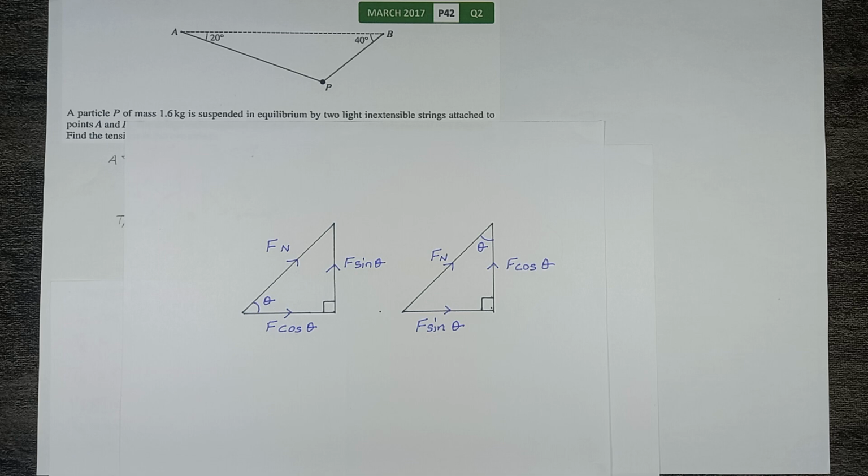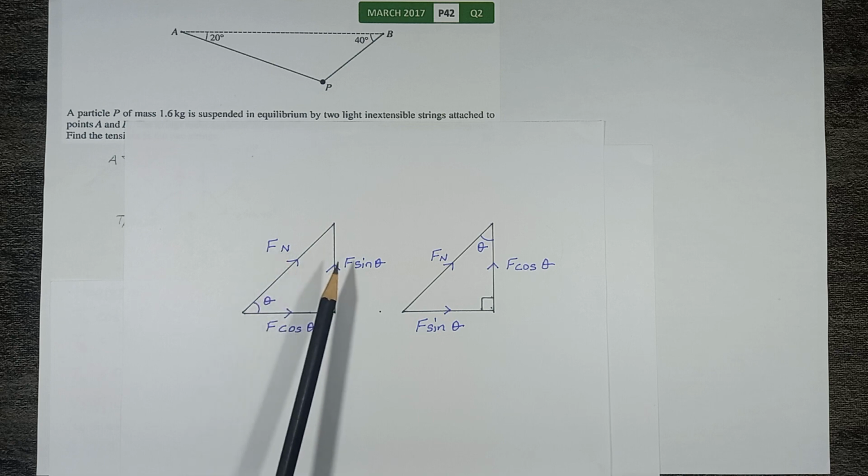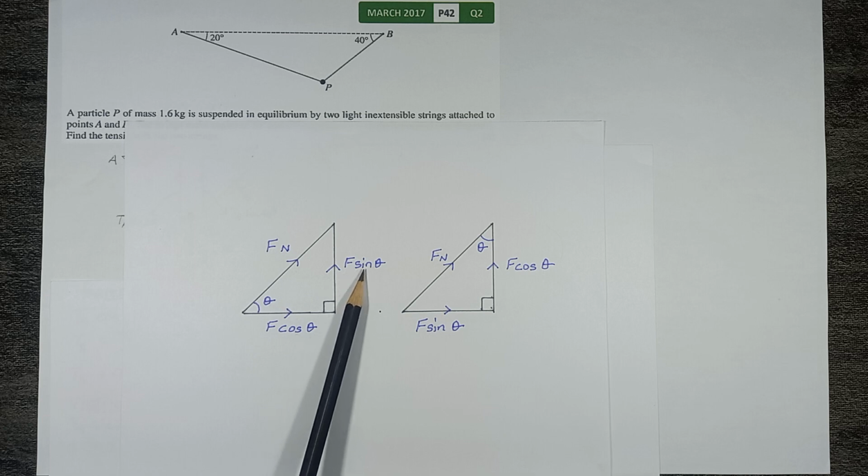I have seen most students have a misconception that the horizontal component is always a cos component. No, it is not like that. If this is an angle theta, then the side next to that angle would be the cos component of that particular force, and the opposite side would be the sine component.